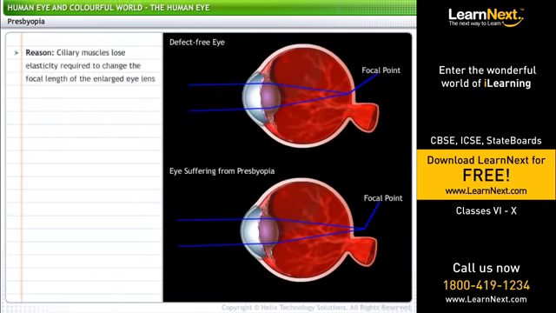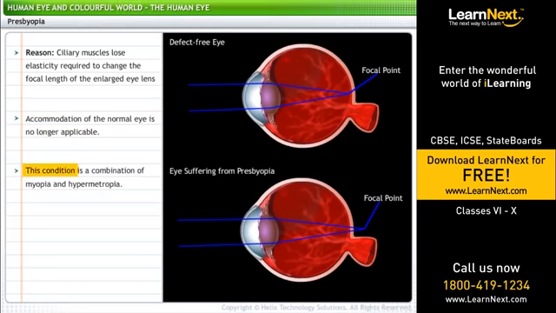Presbyopia occurs in old age, when the ciliary muscles lose the elasticity required to change the focus of an enlarged eye lens. Loss of flexibility makes it difficult for the eye to focus properly. That is, the accommodation of the normal eye is no longer applicable.